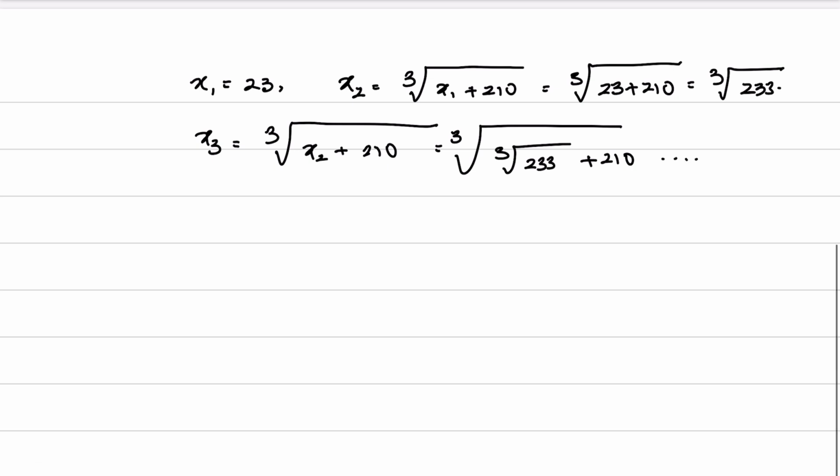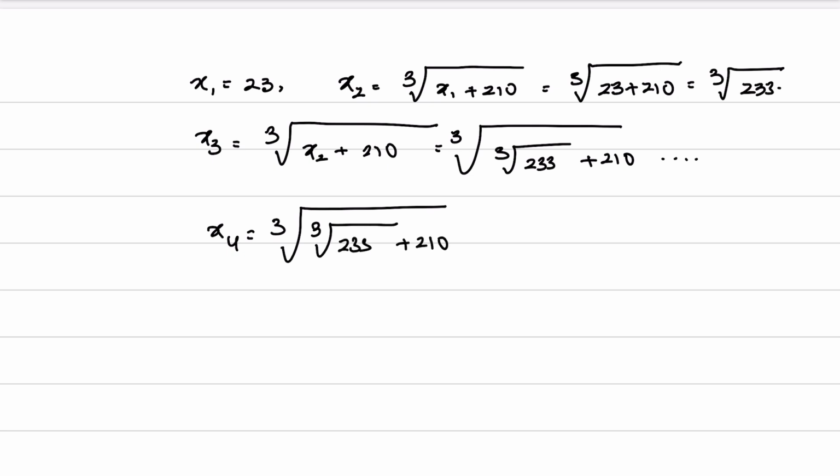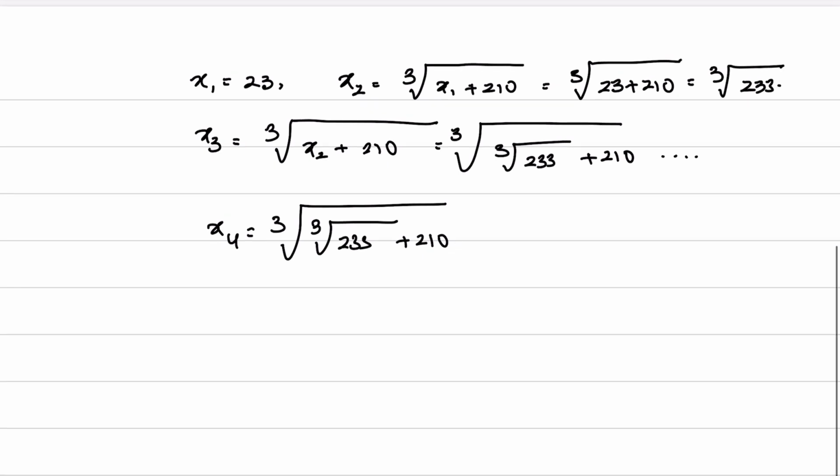Please see the sequence. What is the value of x4? The cube root of 233 plus 210, this is the x3 value, plus 210, and another cube root we have to take.